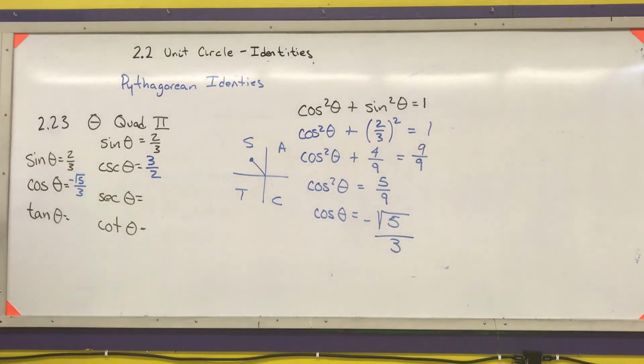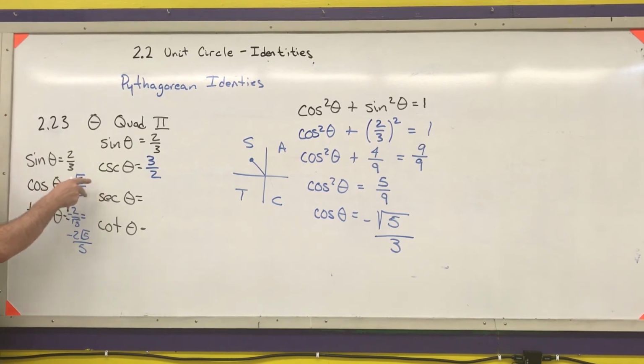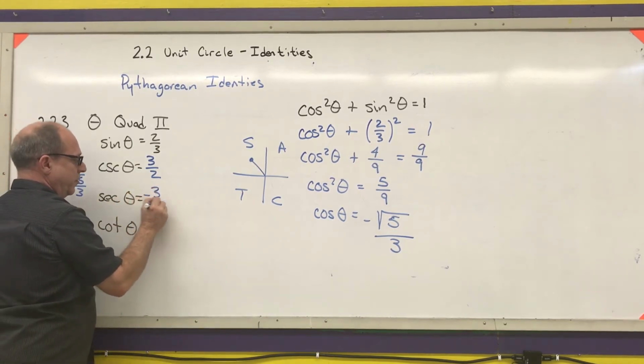And now to get the rest. Tangent is sine over cosine. The 3's cancel, so I get negative 2 over square root of 5. And if I rationalize the denominator, I get negative 2 root 5 over 5. Secant's the reciprocal of cosine. So I get negative 3 over root 5.